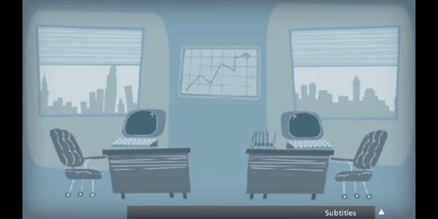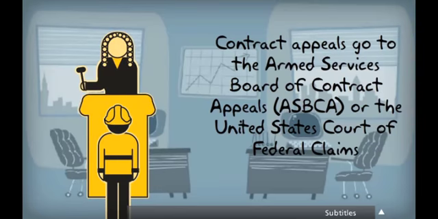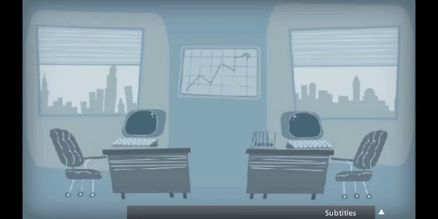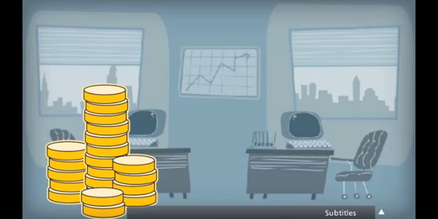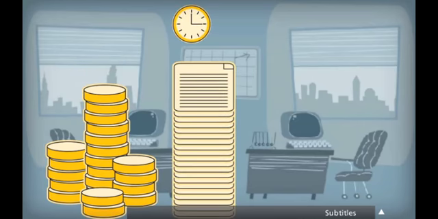If Charlie were to appeal the contracting officer's decision, the appeal itself goes all the way to the Armed Services Board of Contract Appeals, ASBCA, or the United States Court of Federal Claims. If this happens, the parties will 1. Pay expensive attorney fees. 2. Spend lots of time preparing for court. 3.